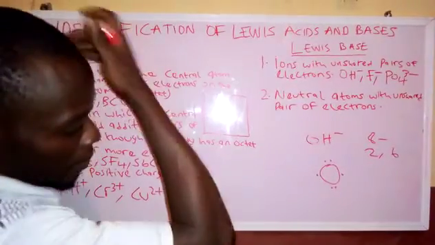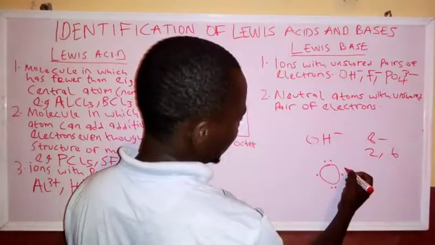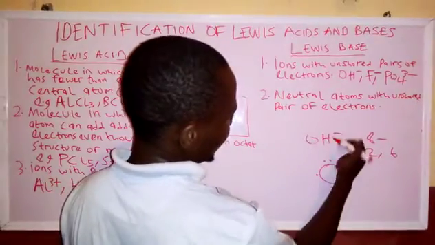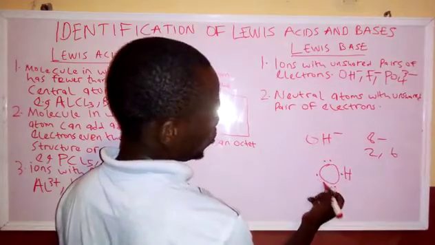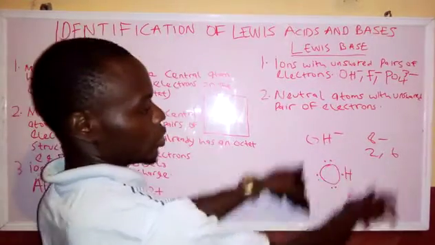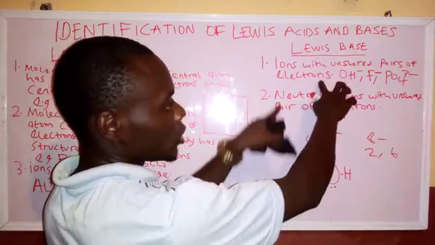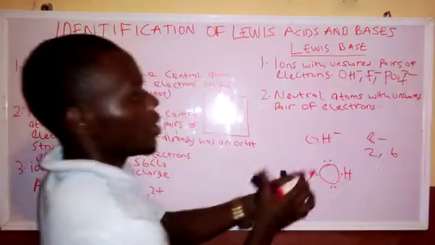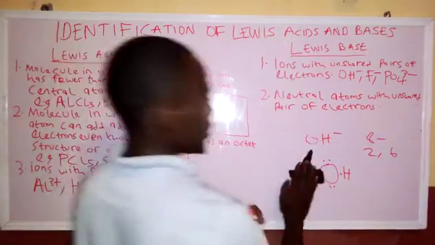So now if hydrogen comes here, this hydrogen here, it comes here. Now look at this electron here. If it comes here too, you can see that it has some pairs of electrons that are not yet shared. So ions with unshared pairs of electrons, you can see they are carrying negative charge. So they are Lewis base. So that's it.